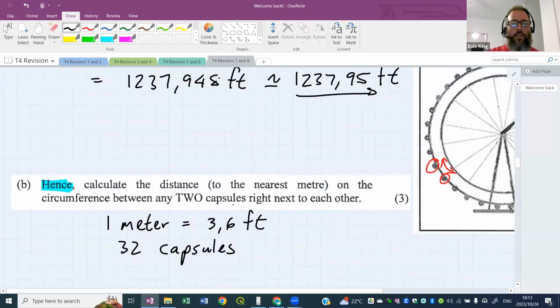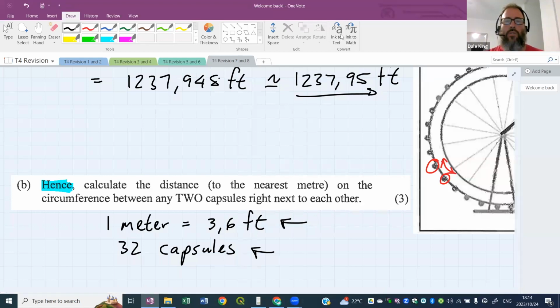There's the previous answer, 1,237.95 feet. They want to know the distance between two capsules that are next to each other on the circumference.